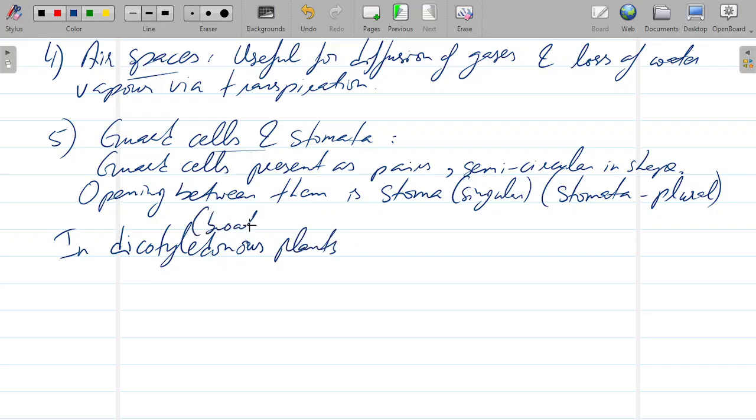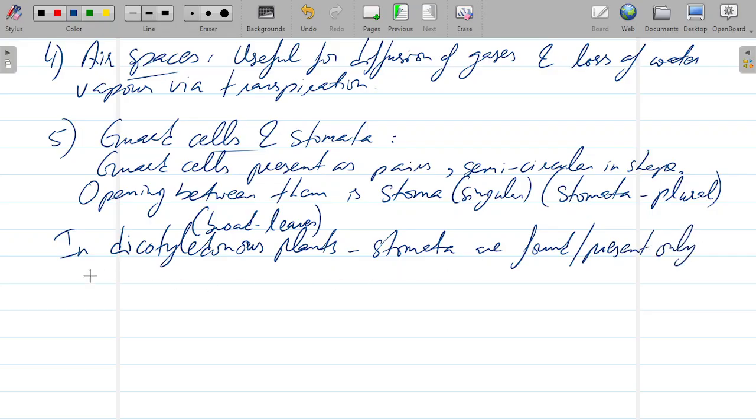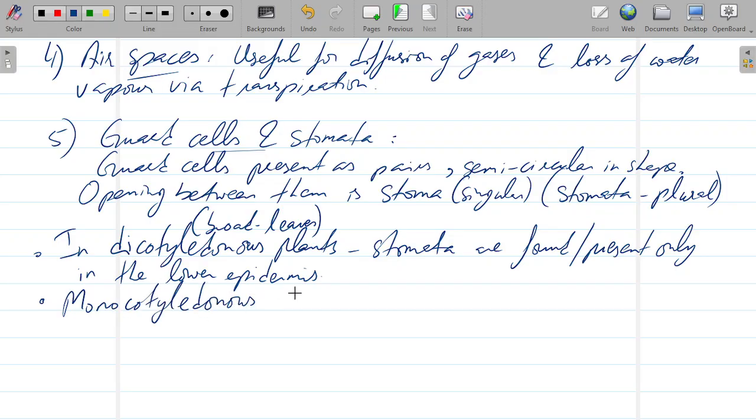So again, just as a reminder, broad leaves, only in the lower epidermis, whereas in monocots, they are equally distributed in the upper and lower epidermis.